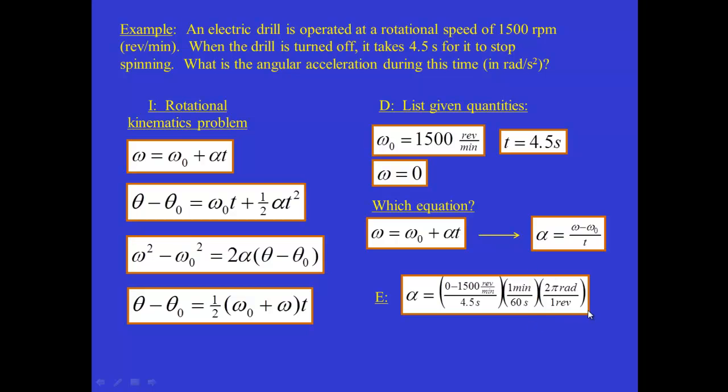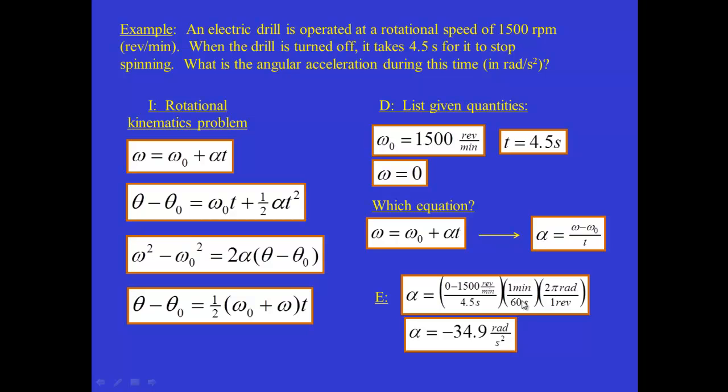And here is a quantity that takes just a moment to think of, but we will use this quite often whenever we're given information about the number of revolutions of an object. So the conversion is that one revolution, one complete circular path, is equal to 2 pi radians. So since I have revolutions in the numerator, I want to use the conversion factor where the revolution is in the denominator.